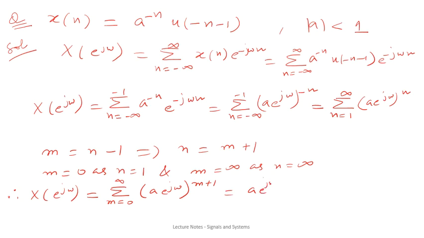So a e raised to the power j omega, summation m equals 0 to infinity, (a e raised to the power j omega) to the power m, which can further be simplified to this.